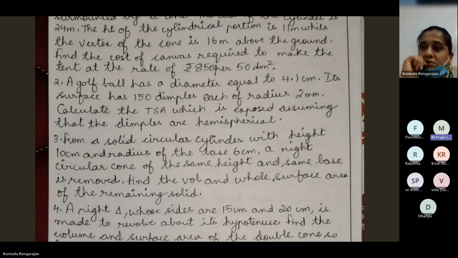Yes, ma'am. How did you get that? 150 pi r square? Actually, I substituted 3, ma'am, and I just solved 2 of those. I got 150 pi r square. No, you must explain how it is 150 pi r square. But from where did you get pi r square?